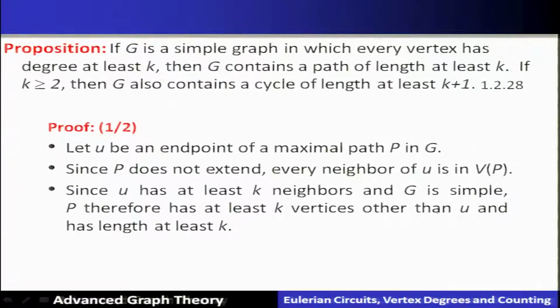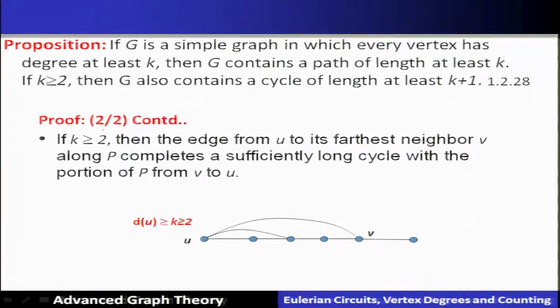Let U be an endpoint of a maximal path. So, we will assume a maximal path P and U be the endpoint. Now, since P cannot extend, every neighbor of U will be in V of P. Now, since U has at least k neighbors, and G is a simple graph, P therefore has at least k vertices other than U and has length at least k.